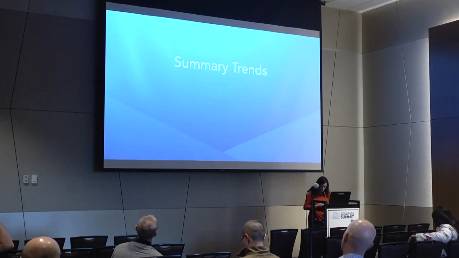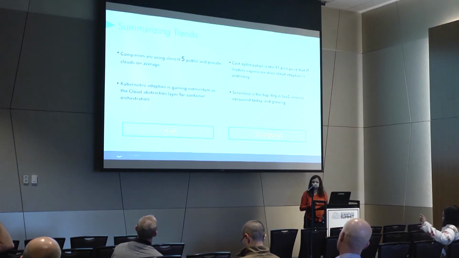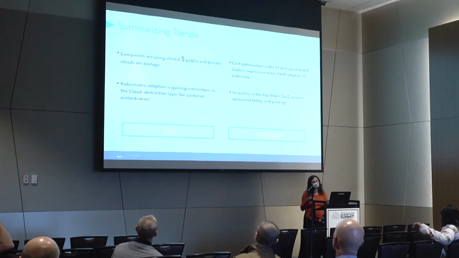So let's first summarize the 4 trends that we spoke about. The first one is that it looks like on average companies are utilizing at most 5 different public to private clouds. So multi-cloud or hybrid cloud usage is growing within enterprises.